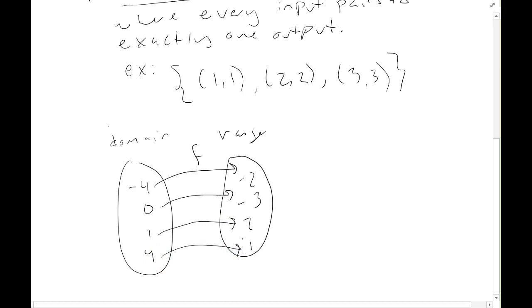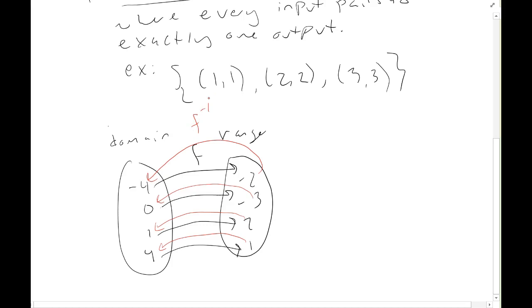An inverse is going to go in the opposite direction. So the inverse is going to take -2 back to -4, -3 back to 0, 2 back to 1, and 1 back to 4. The notation we use to write an inverse is f to the -1.